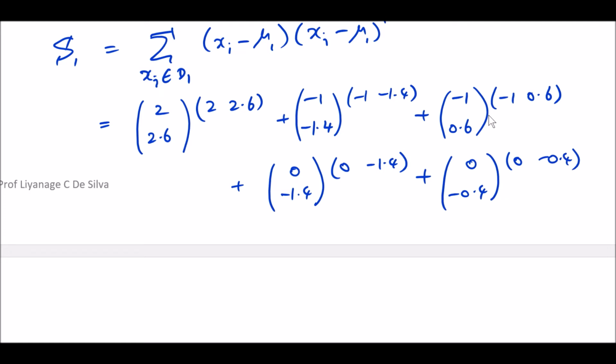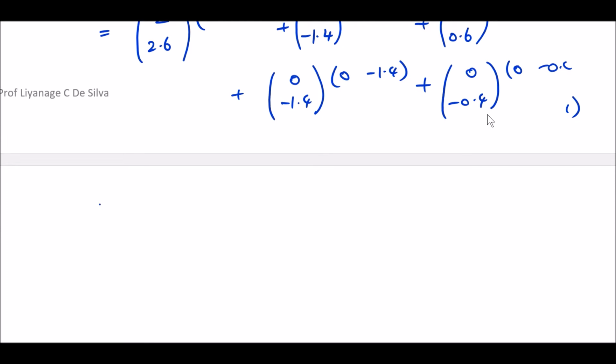Excellent. Once we do this simplification, I hope you will be able to do that. Once you multiply, we get 4, 5.2, 5.2, 6.76.